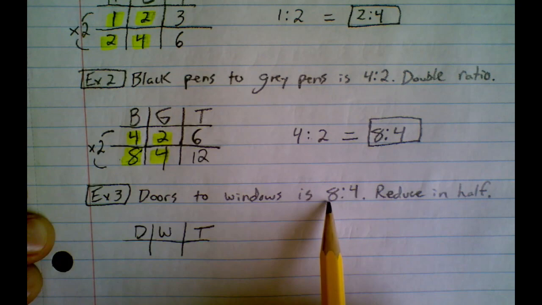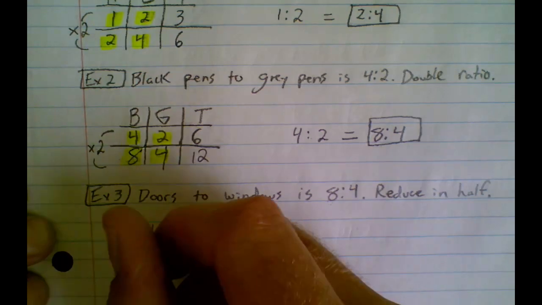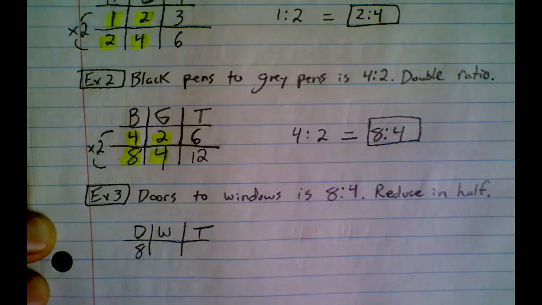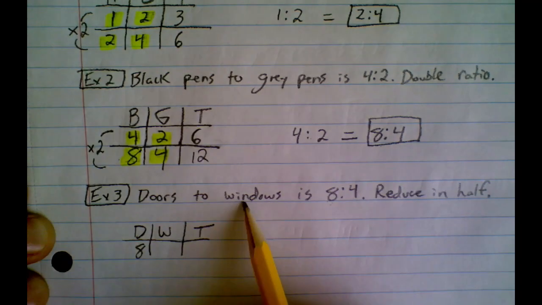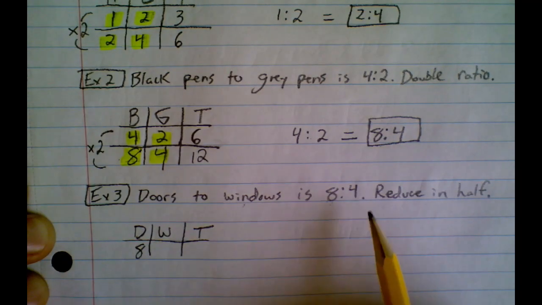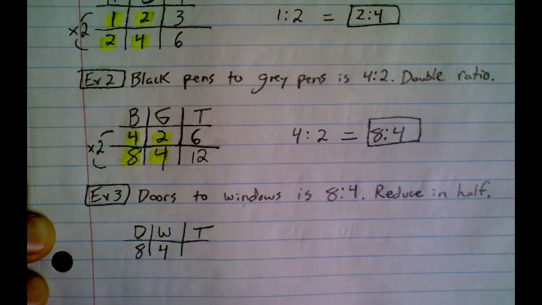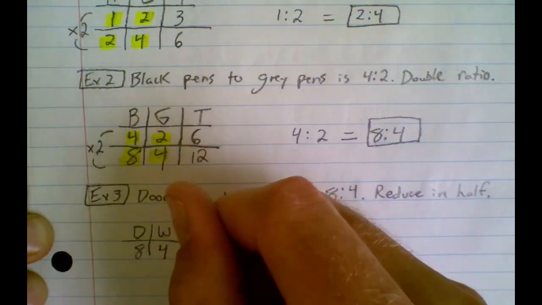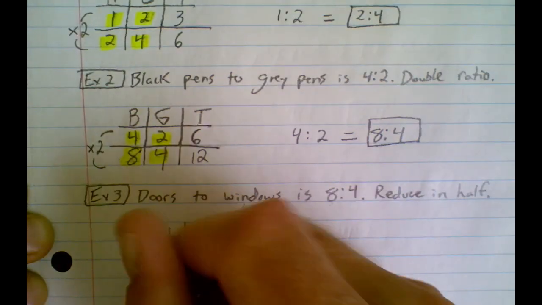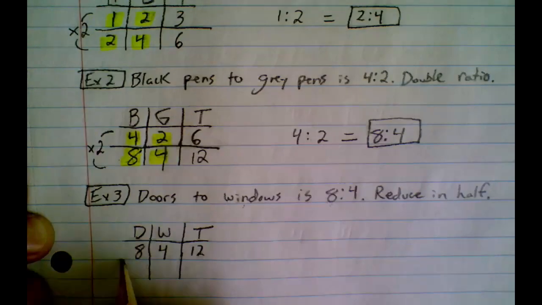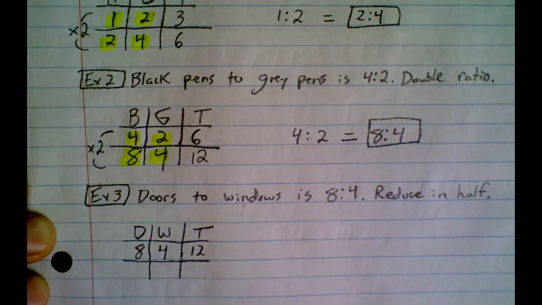How many doors do we have? We have 8. Doors comes first. Remember, your order matters. Windows comes second, and our second number is 4, so we have 4 windows. The total, 8 plus 4, is 12. Write 12 in your total and extend that table.